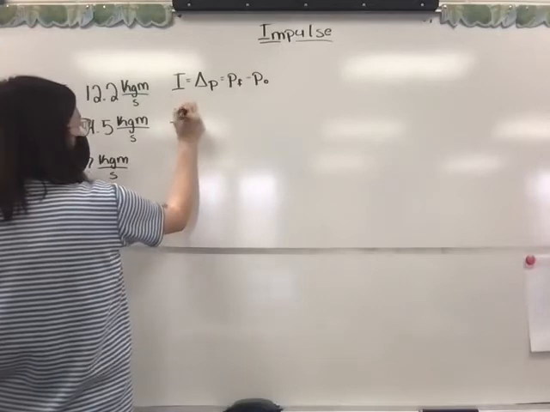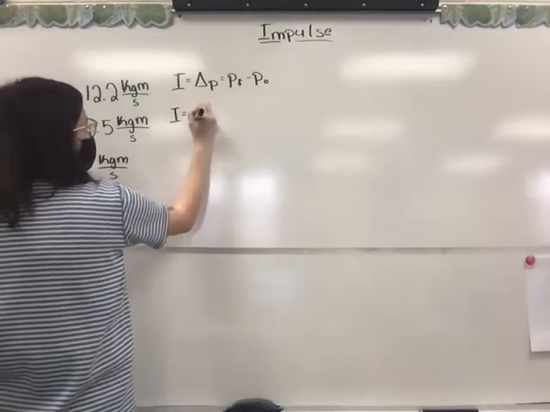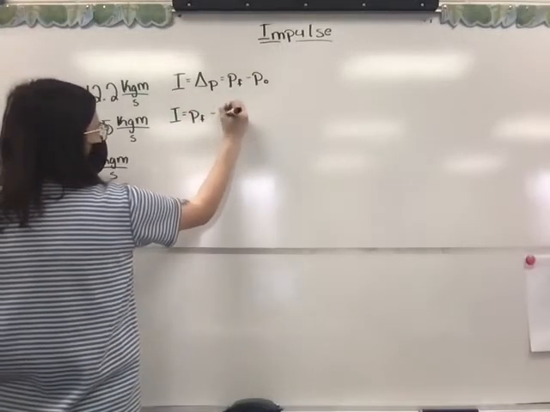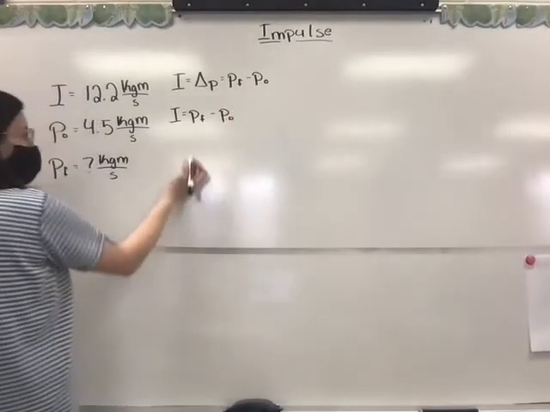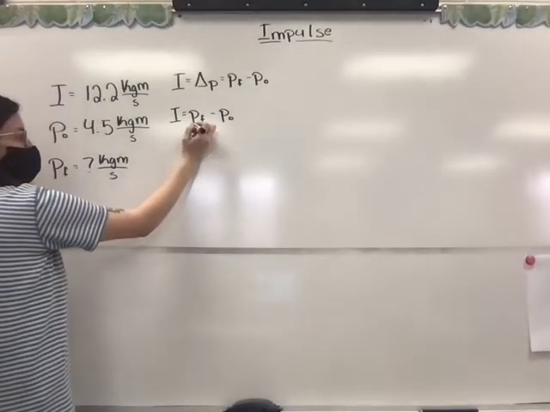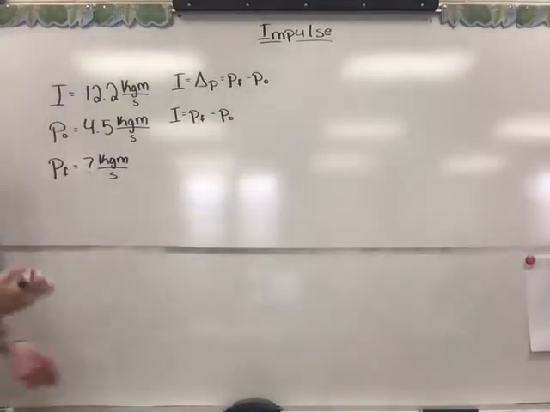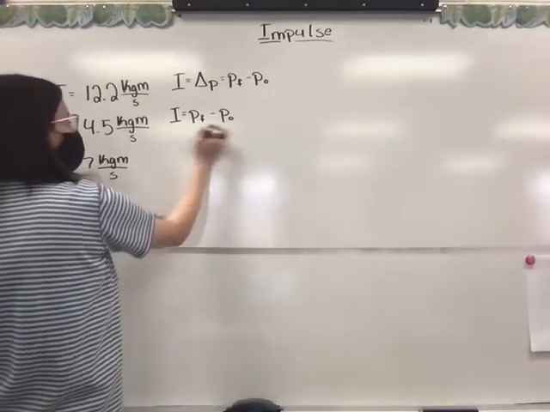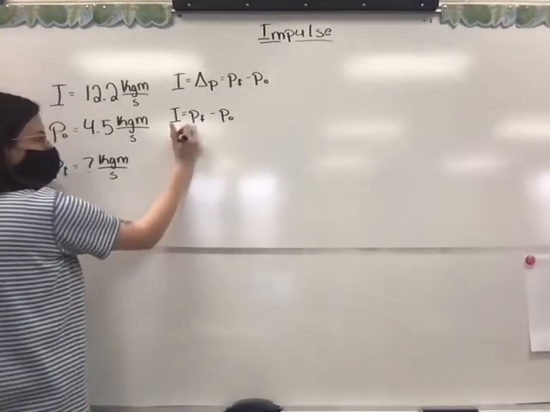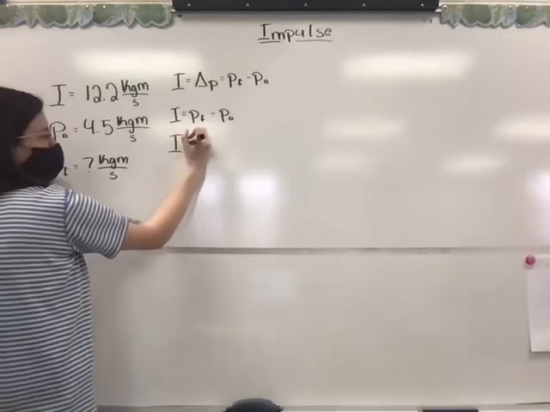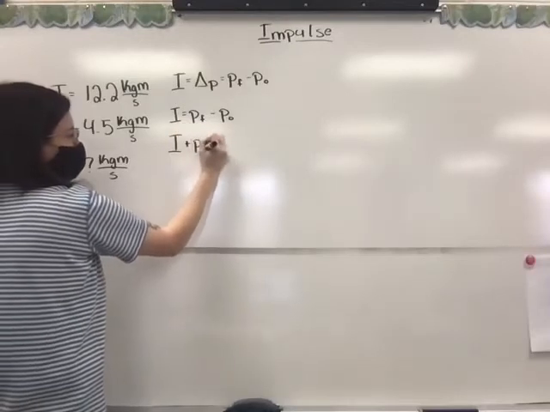So impulse equals P final minus P initial. And what are we trying to find? The final, right? So what do we do to get the final by itself? Add what? Yeah, we're going to add the initial momentum.